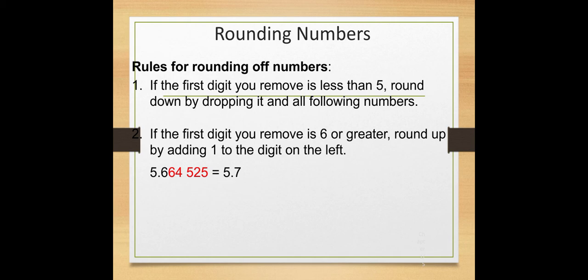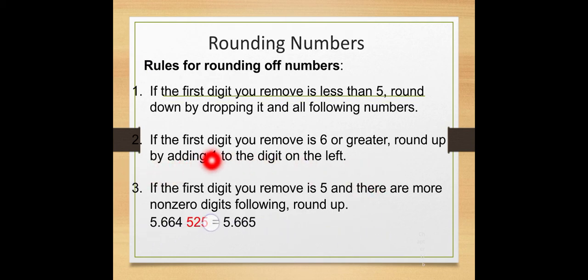Rule number 2 is, if the first digit you remove is 6 or greater, round up by adding 1 to the digit on the left. For example, we are removing the first digit 6, and 6 is greater than 5, so we round up by adding 1 to the digit left of the first digit we are removing, so it becomes 5.7.